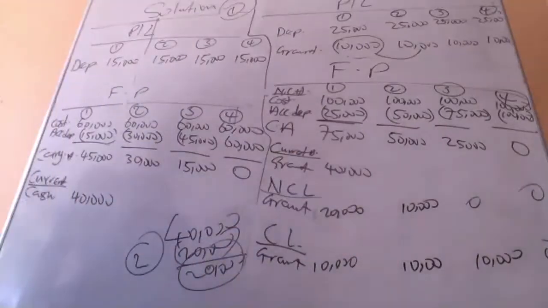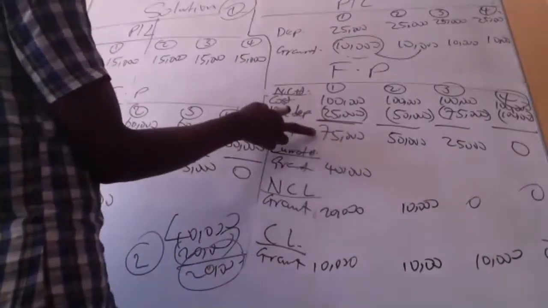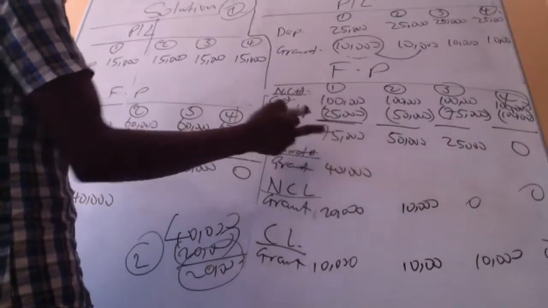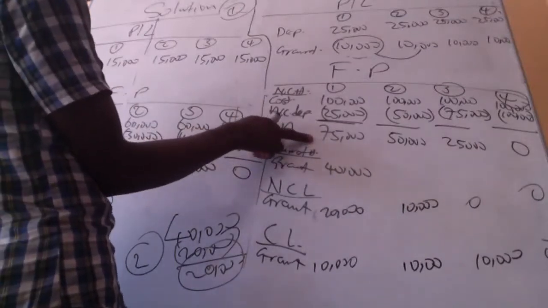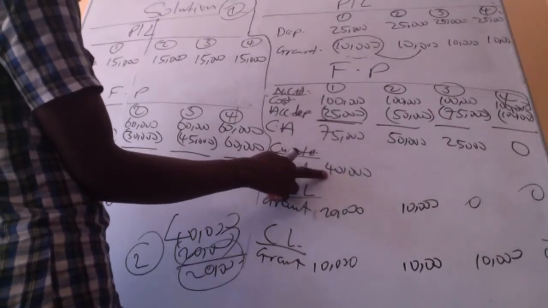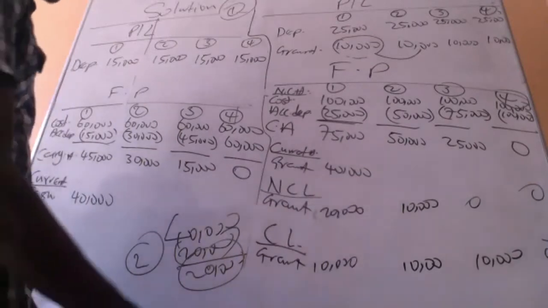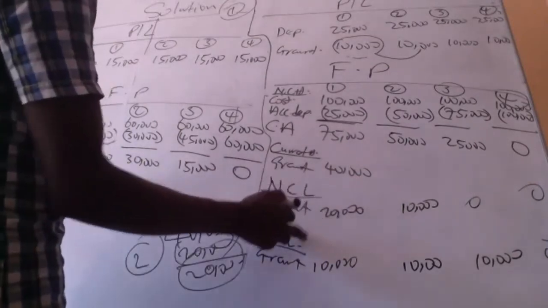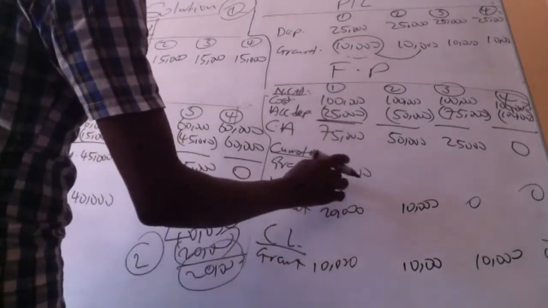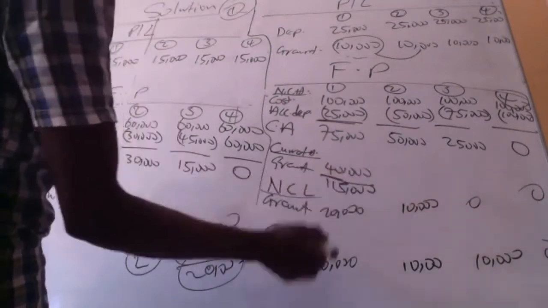Okay, now let's come in. For the first year, you have a non-current asset of 75 plus an asset of 40, which gives us 115. So the total asset will be 115. Then you have a liability of 30.